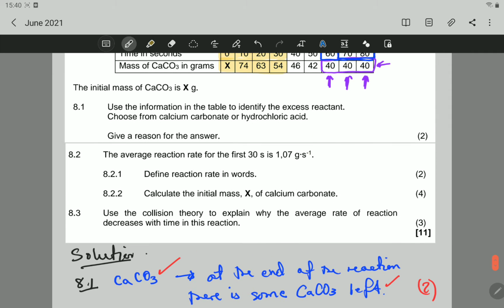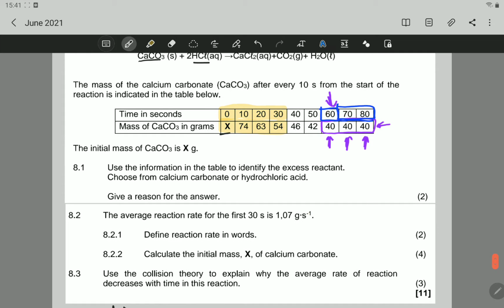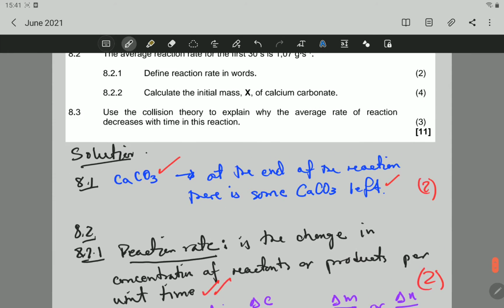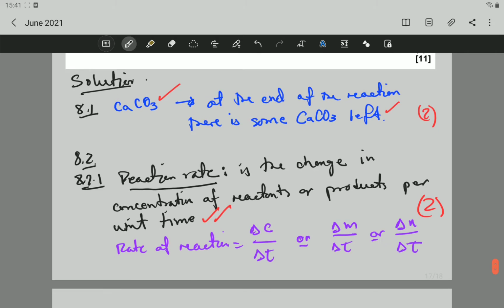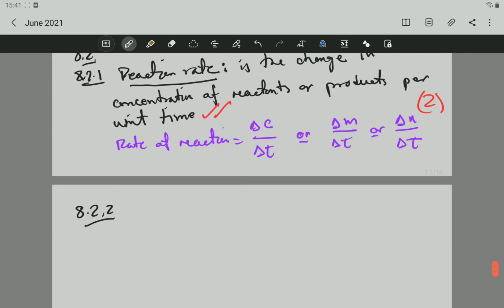So let's go to 8.2.2, and they say calculate the initial mass X of calcium carbonate. Remember, we're working with this time for the first 30 seconds, and then the rate there is going to be equal to 1,07 grams per second. We're going to see in the table we have mass, so we're going to use the formula for mass.